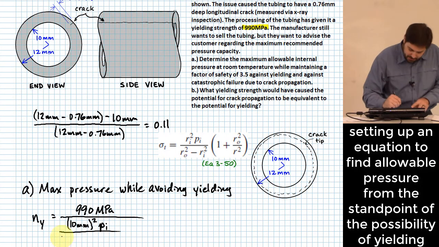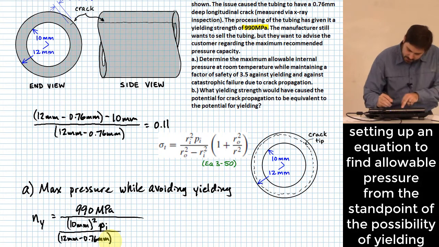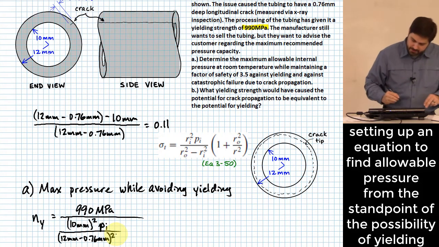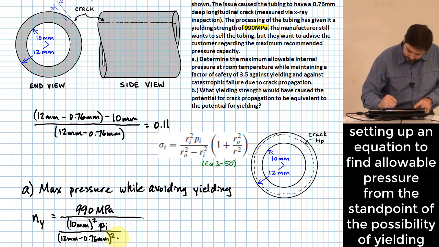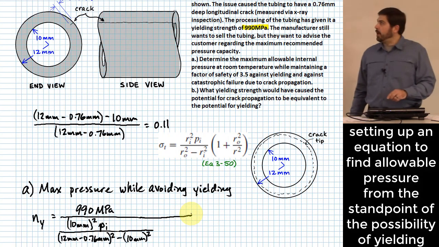Okay, 12 millimeters minus 0.76 millimeters. Okay, all that is squared, then what? Ri is 10 millimeters. Okay, that would be squared. Then what?